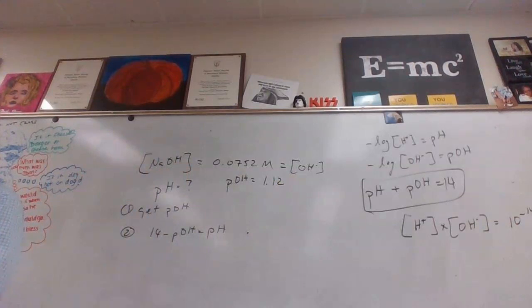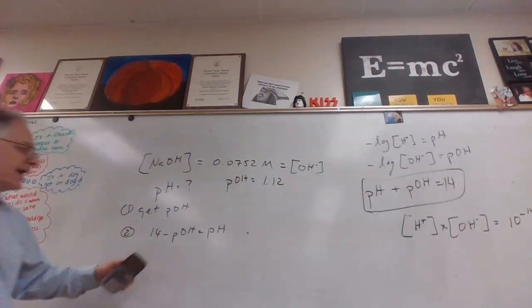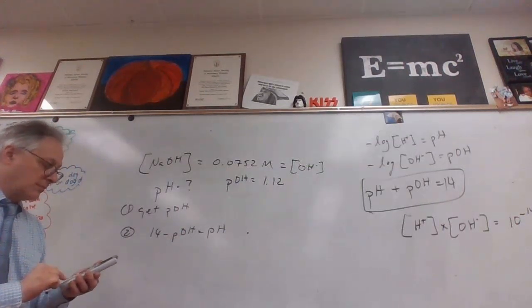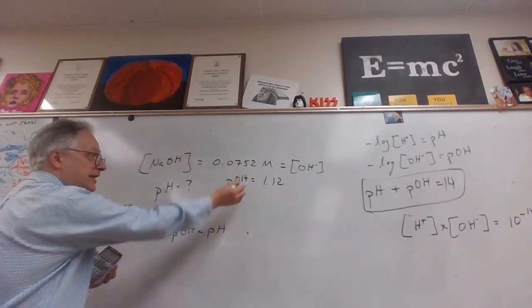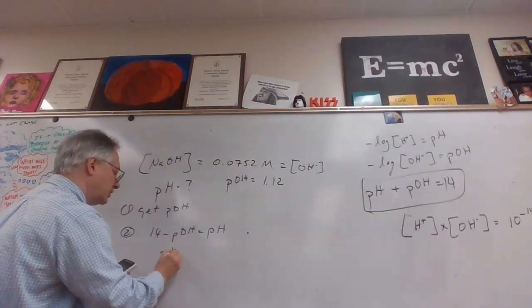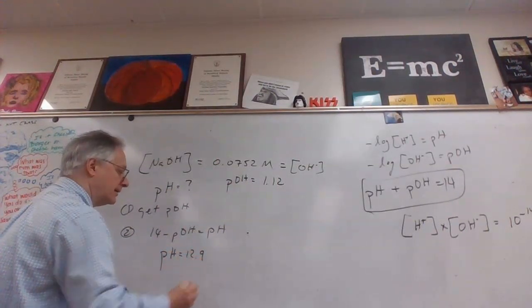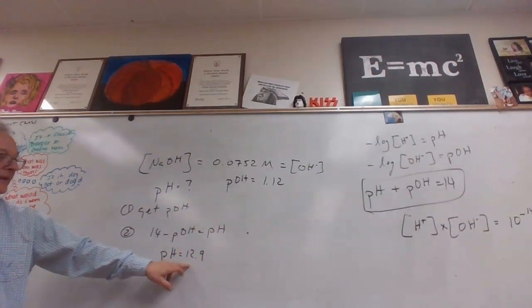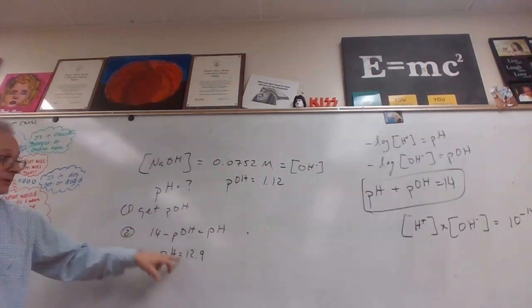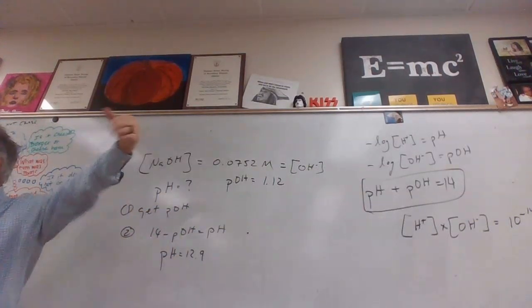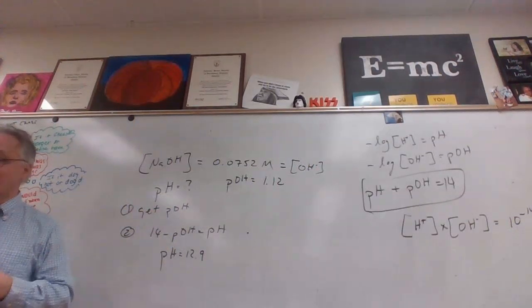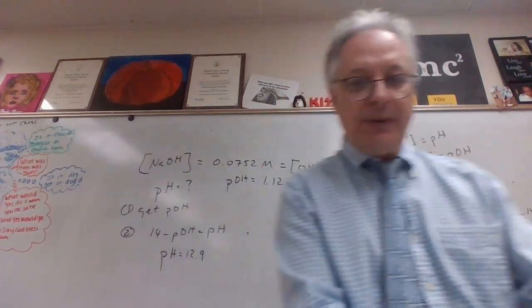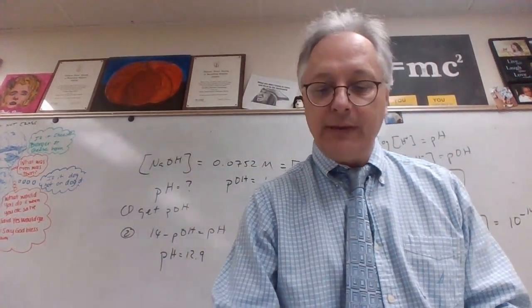So to get pH, 14 minus that pOH, so my pH is 12.9. And that makes sense because it's a basic solution, and so it should have a pH that's above 7. So there's some information on pH and pOH, and hopefully that helps.